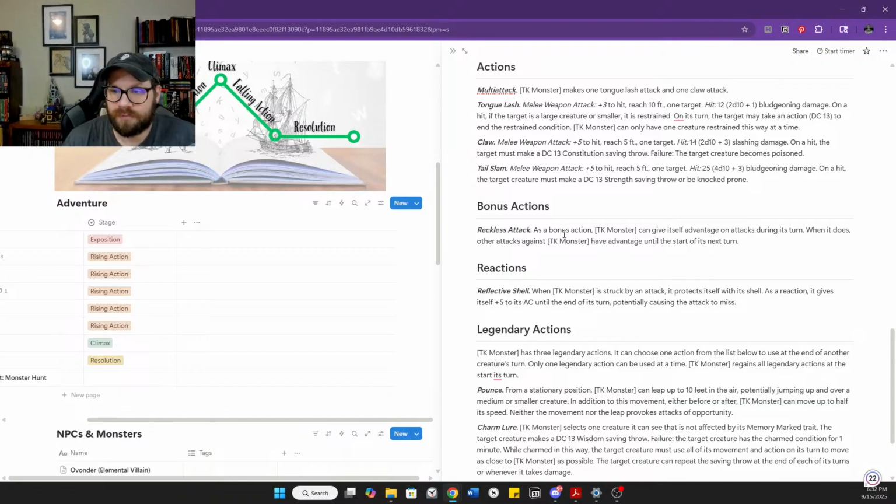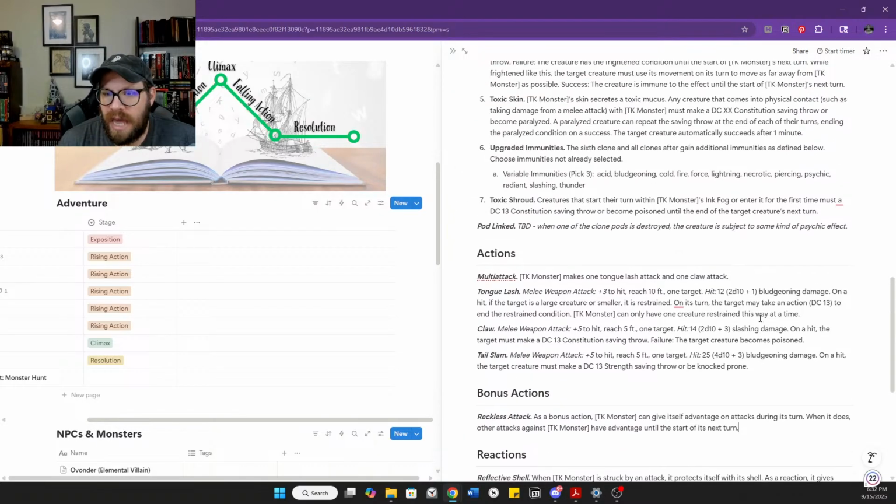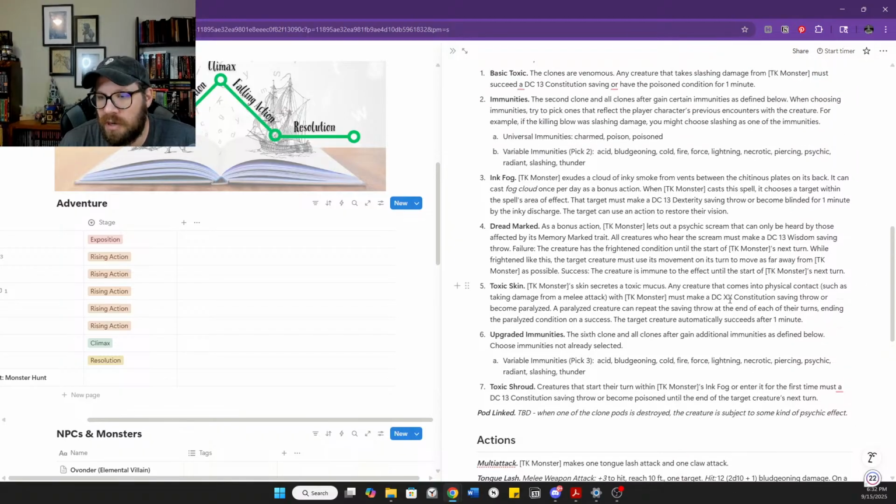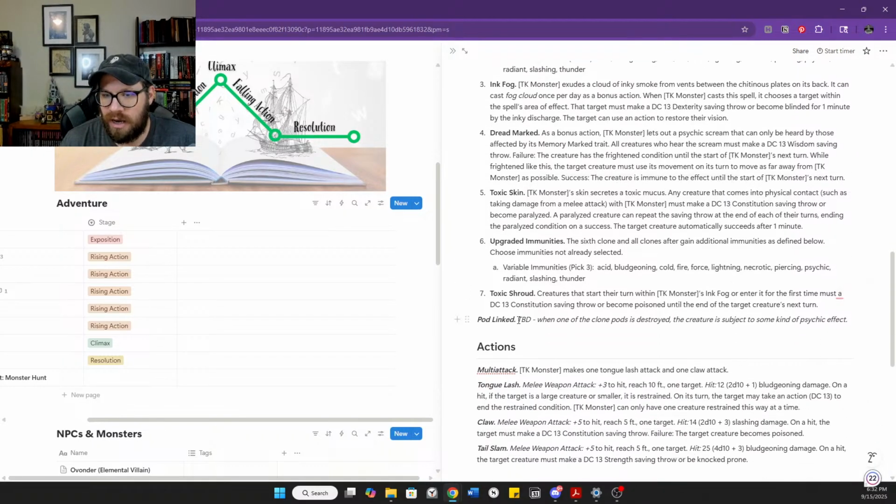Nice and simple. Cool. All right. The only other thing that we haven't really filled out in here, other than filling in some of the placeholders we've used for DC and the TK monster stuff, is this idea of a pod linked effect.